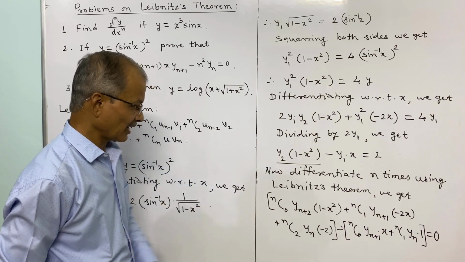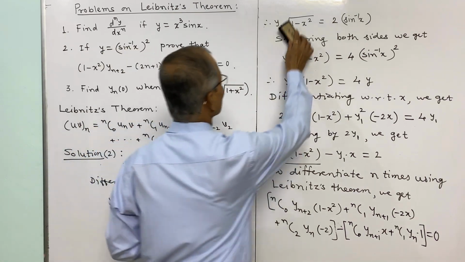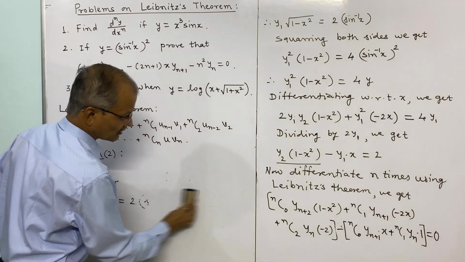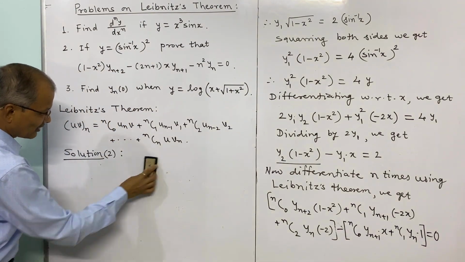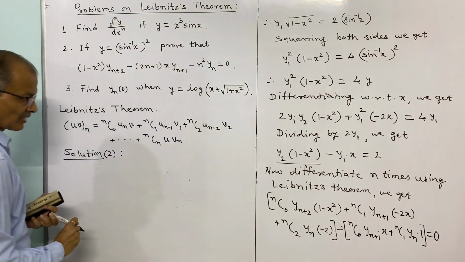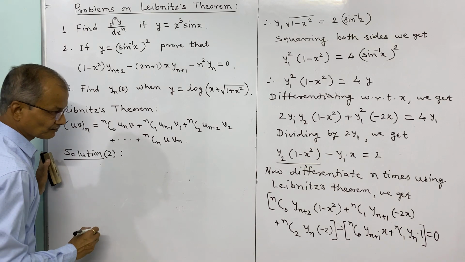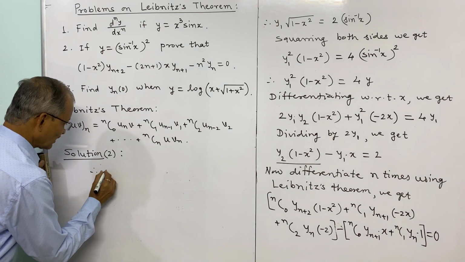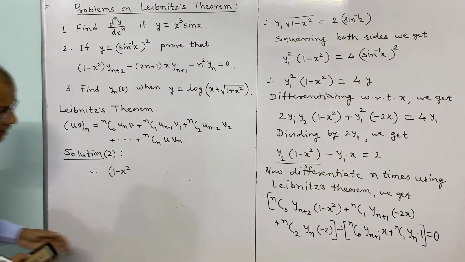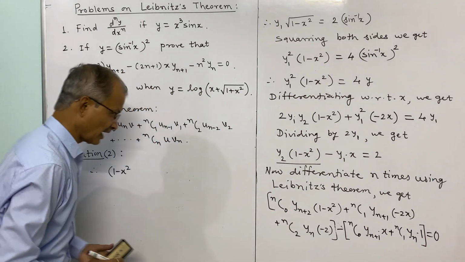Now we shall simplify this, and for the simplification we shall put the value of the binomial coefficients only. So n choose 0 is 1, and therefore the first term is 1 minus x square, that is 1 minus x square into the n plus second derivative of y.